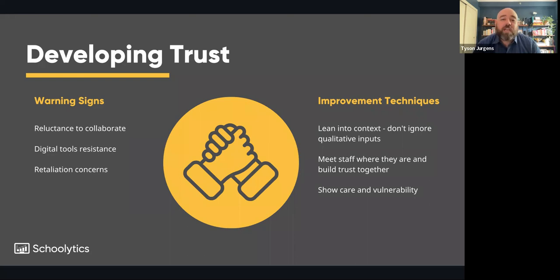It's just a constant influx of data. And they're so used to making really fast decisions without even thinking about it. And so honoring that and realizing that teachers are true data experts and that they're already really far along their data analysis journey does a lot to repair trust.